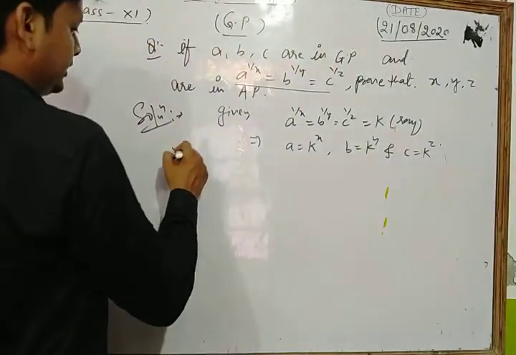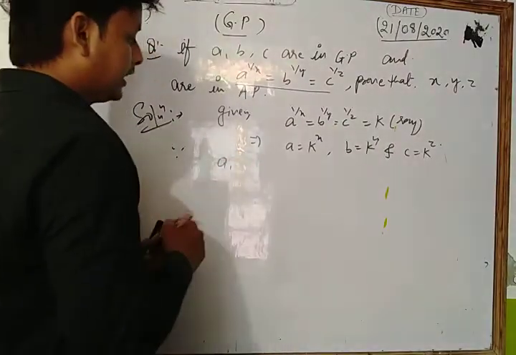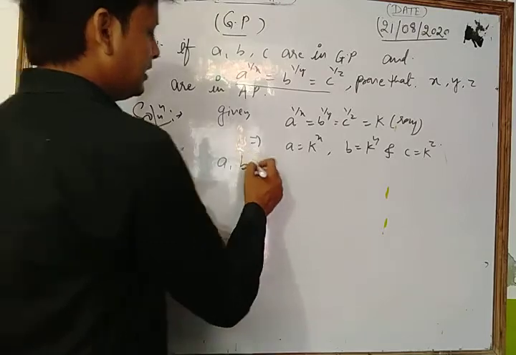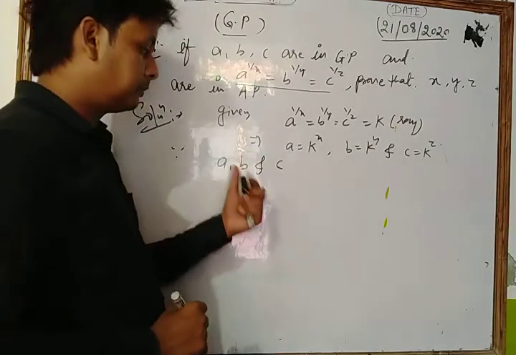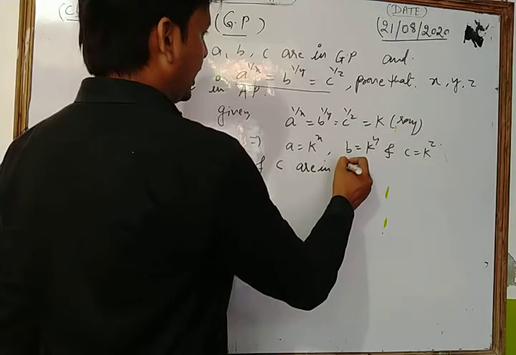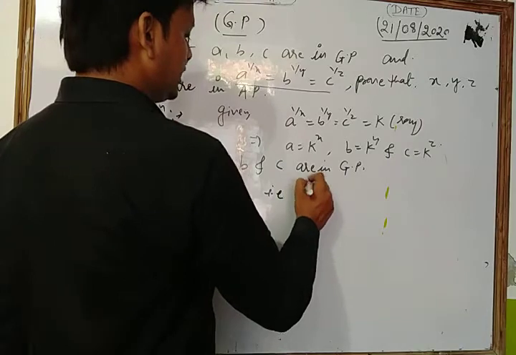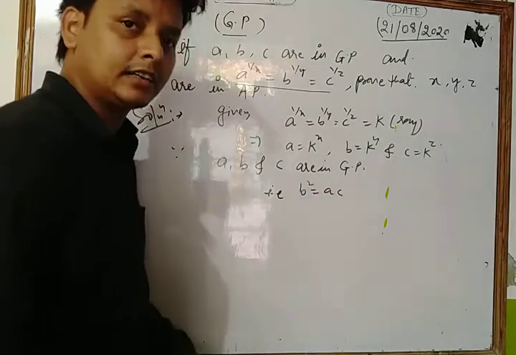Now, since the numbers a, b and c are in GP, that is b square is equal to ac. We can write that.